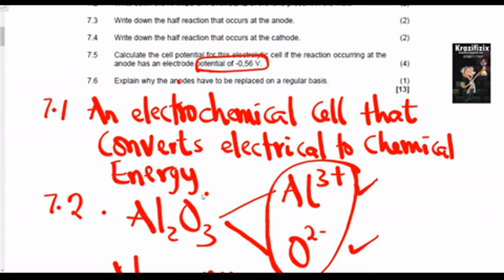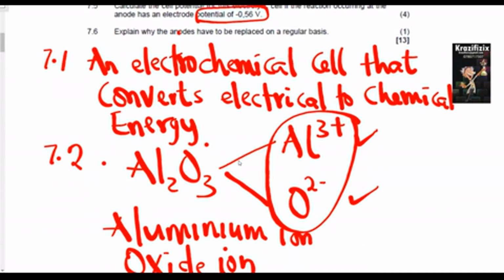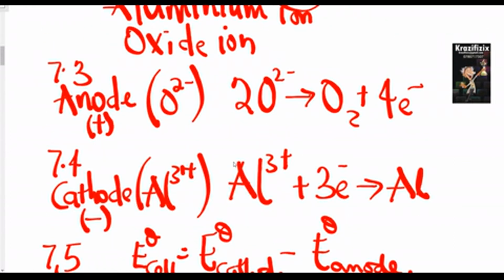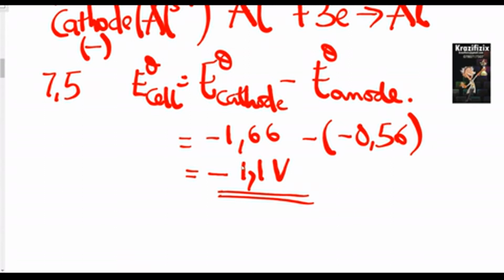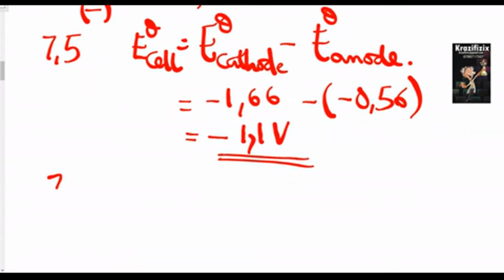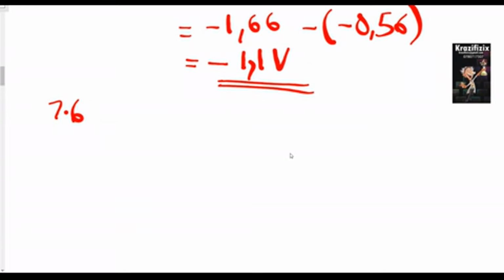Explain why the anodes have to be replaced on a regular basis. We did explain that. Okay, let's write it down. Remember that your oxide ions are oxidized to oxygen, which reacts with carbon.